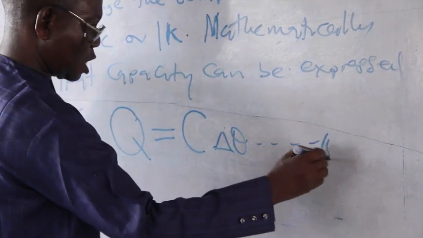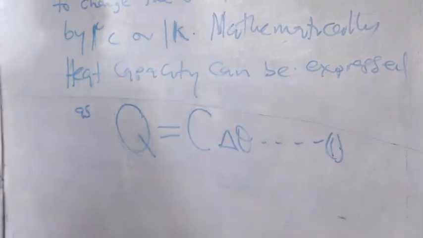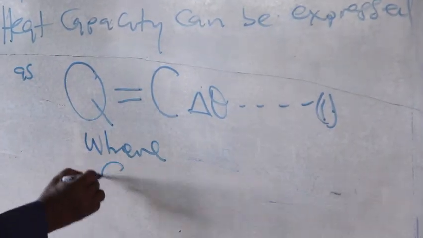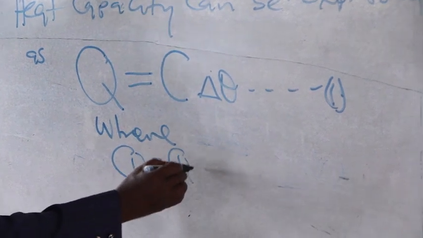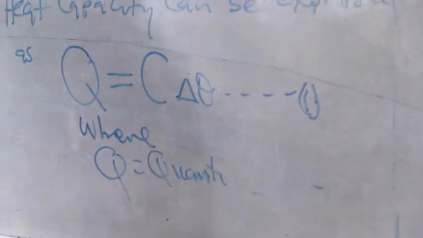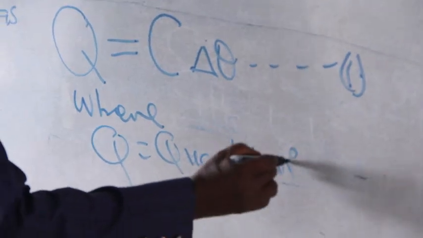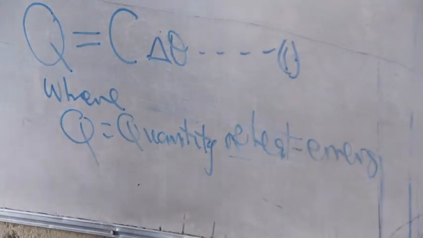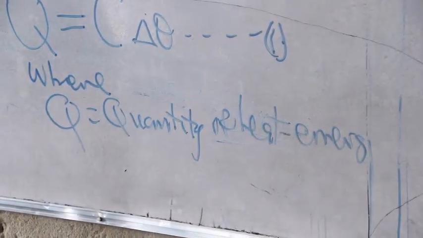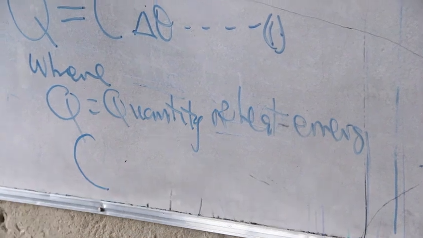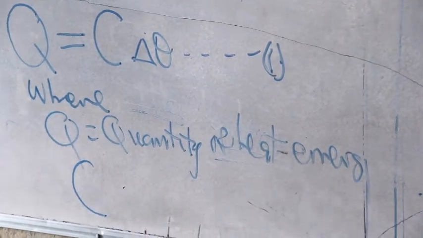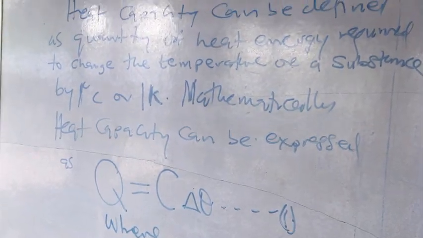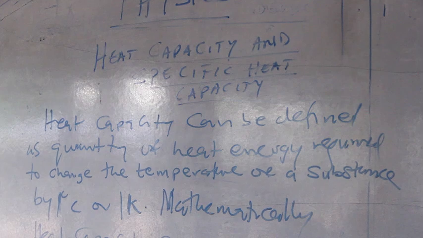This is the mathematical expression, where Q stands for quantity of heat energy. C, well, like I said last week, whatever you use to denote something must be introduced.